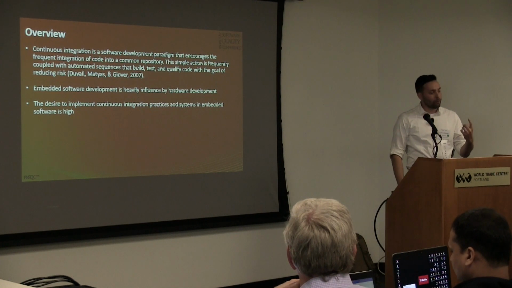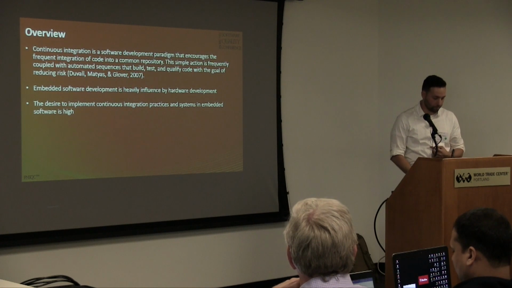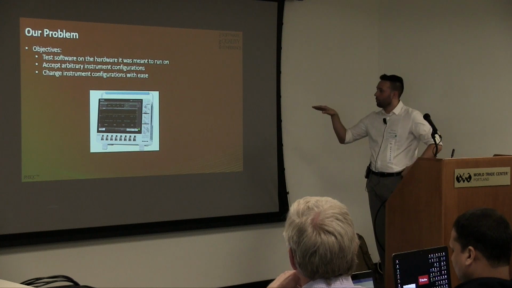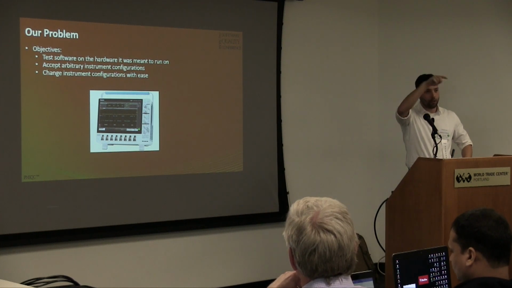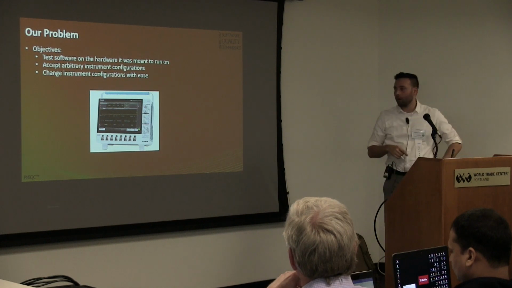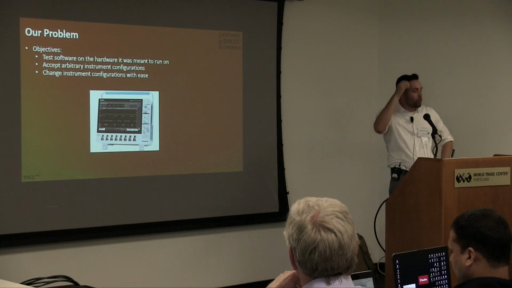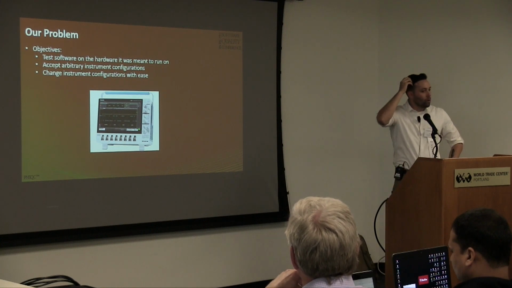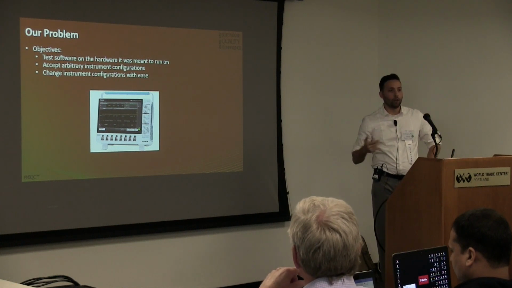However, as a software group, we still want to do things like continuous integration, right? So that is the scope that we developed. That's an MSO5 series. There's a few engineers in here who worked on it. What we really needed to do, the problems that we had to solve with our continuous integration setup. As part of the software group, we're writing the application that runs on this product.